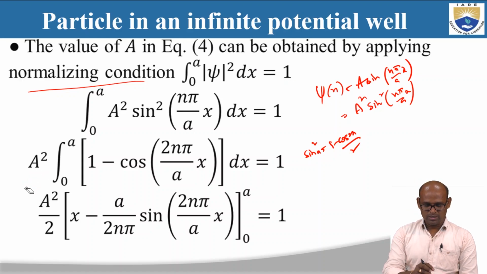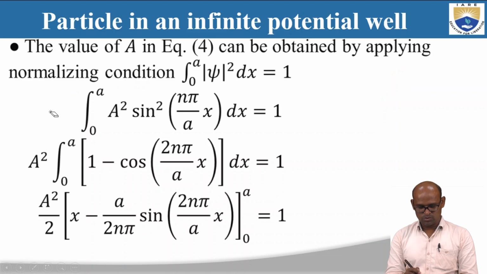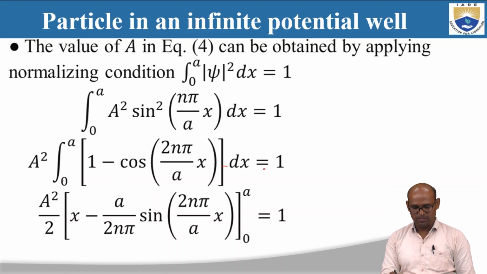By rewriting sine square this way, I separate out the integral. So this is A square by 2 times the integral from 0 to a of dx, minus the integral of cos 2 n pi by a into x dx. These two must equal 1. The first integration gives us x, and the second integral gives this, with limits 0 to a.